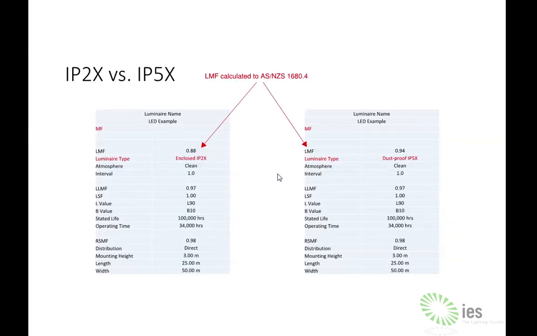And again, comparing things, we've got our LMF at 0.88, which is what was bringing down all previous calculations with an enclosed IP2X fitting. When we change it to a dust-proof fitting, our LMF jumps up to 0.94. And 0.94 times 0.97 times 1 times 0.98 gives us pretty darn close to 0.9.